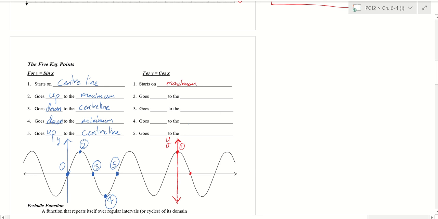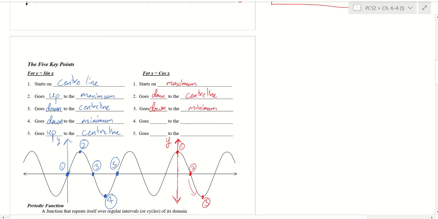It shouldn't increase away from the maximum, because then that wouldn't be the maximum anymore. So after we start at the maximum, it goes down until we hit the center line. And then this pattern continues, decreasing until we hit the minimum.